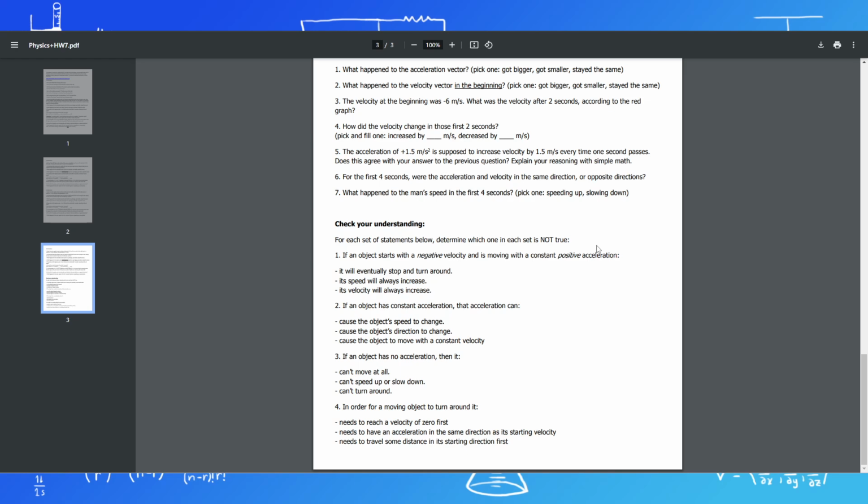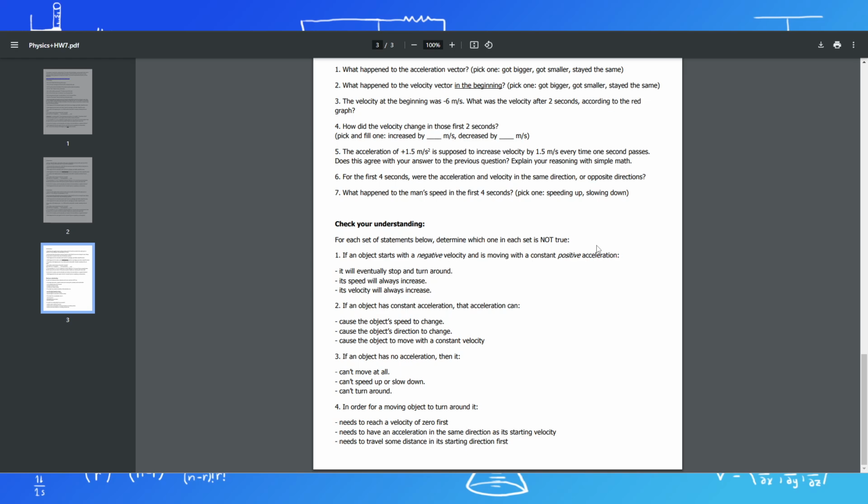If it starts with negative velocity, that is, it started moving to the left, then a positive acceleration will first decrease its leftward motion and then start increasing its rightward motion. And between that leftward and rightward motion, there's a pause, a moment for a split second where they're not moving at all. So it will eventually stop and turn around.